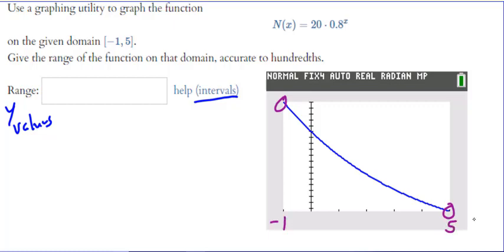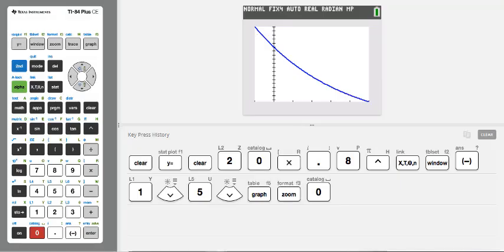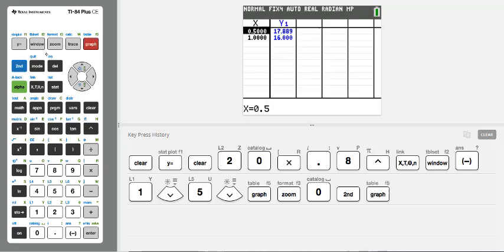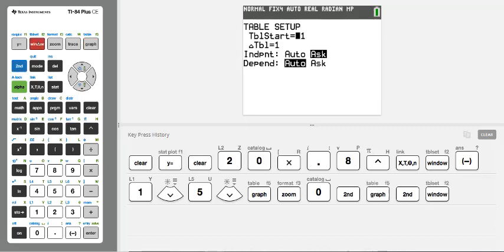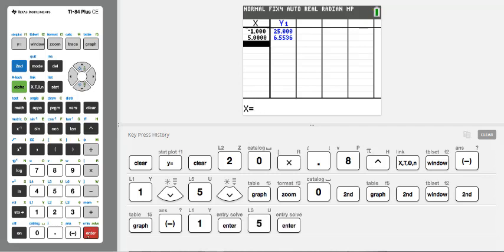So what we're going to do is go back and look at our table. Let's go to second table setup real quick. -1, enter, 5, enter.